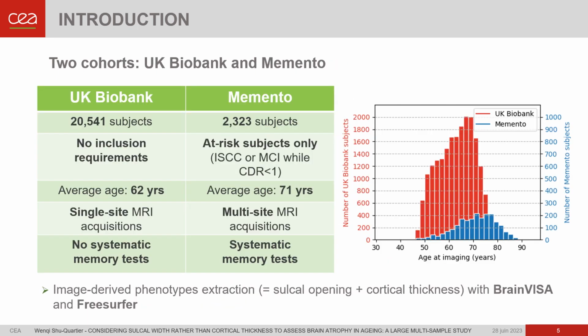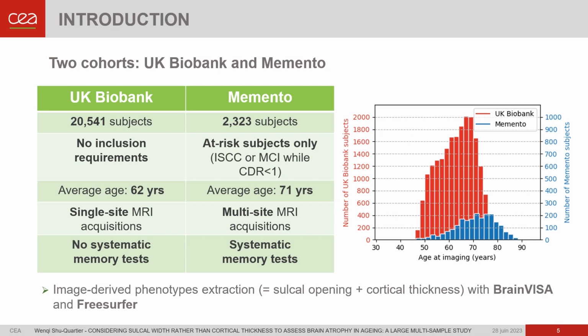To tackle this issue, we leveraged two large cohorts with distinct characteristics. UK Biobank, comprising 20,000 subjects with available MRI scans, age, and gender information. Since there are no specific inclusion criteria, UK Biobank is commonly regarded as a representative sample of the general population.